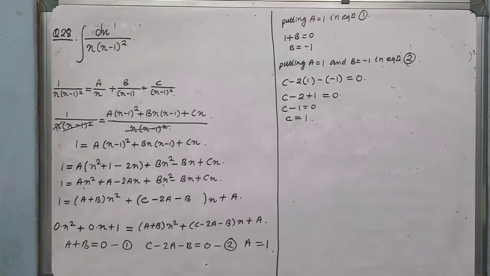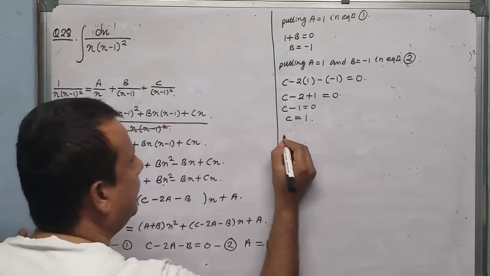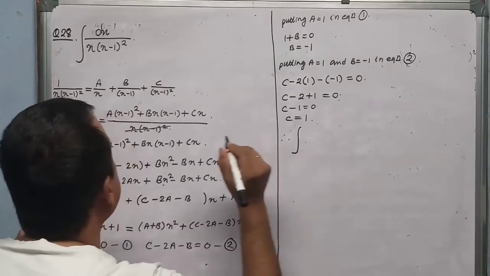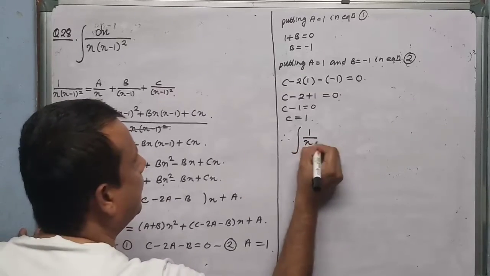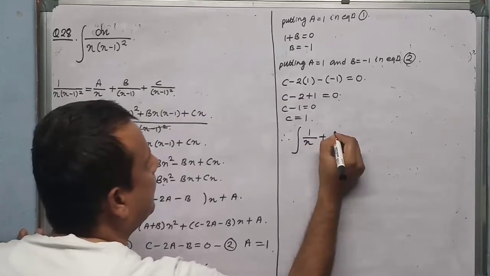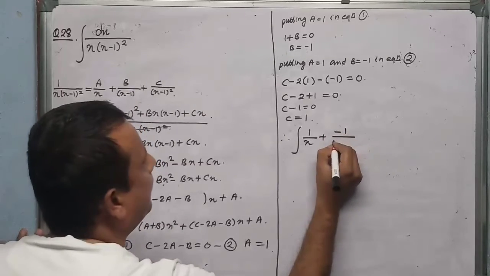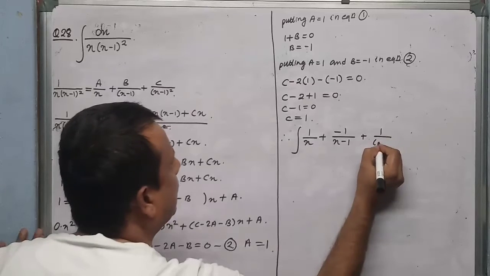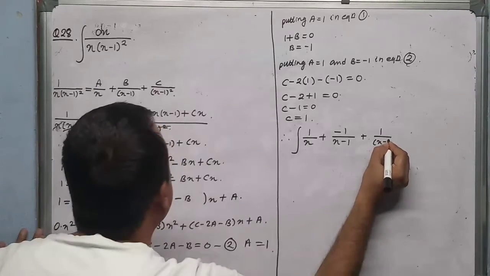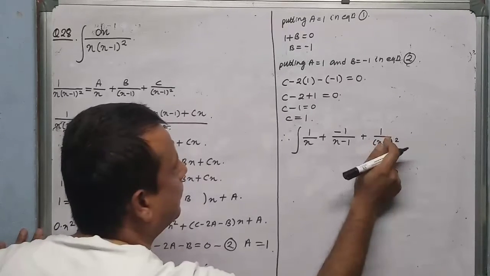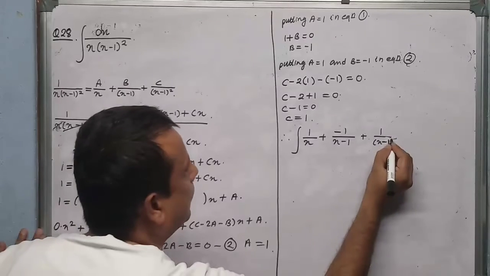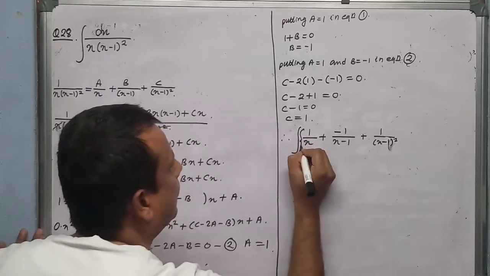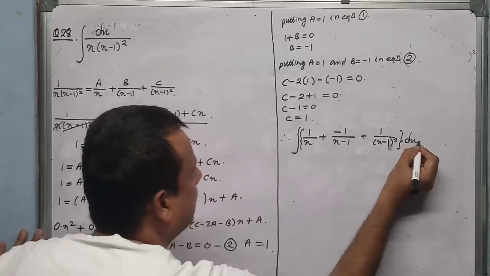Now then I'll apply integration over here. Therefore, integration of a, which is 1 over x, plus b, which is minus 1 over x minus 1, plus c, which is 1 over (x minus 1) whole square, dx.